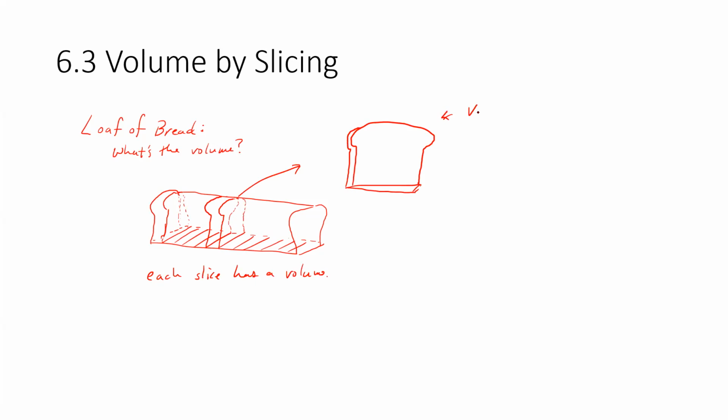So what's the volume of our slice? Well, the way we find it is we take the area of our slice, right? And then we multiply it by a certain thickness, the thickness of our slice. And that'll tell us roughly what the volume of our slice is. So it's the area times the thickness.